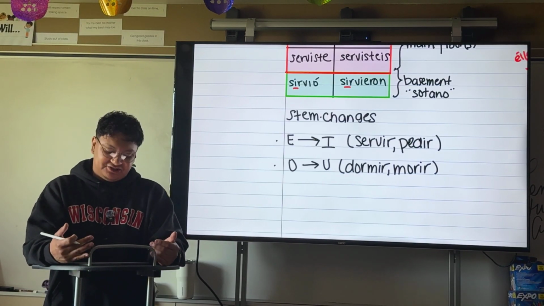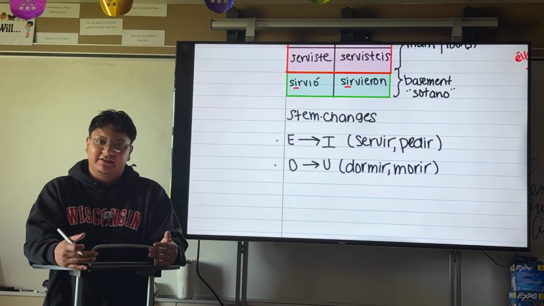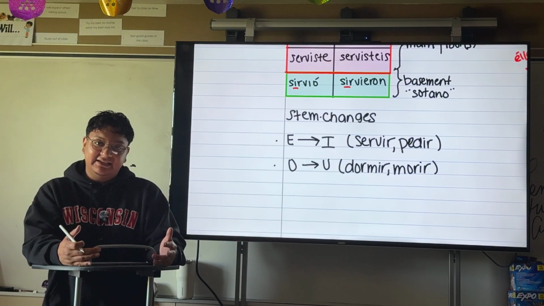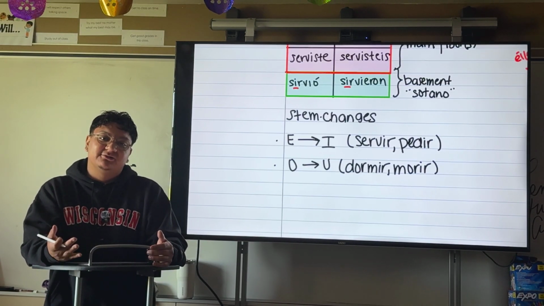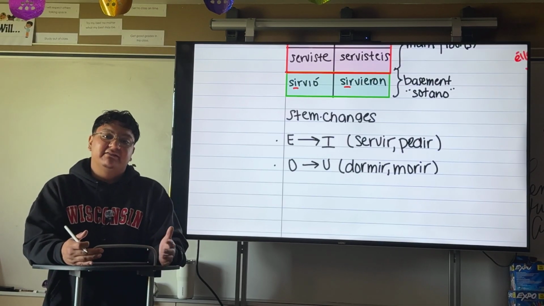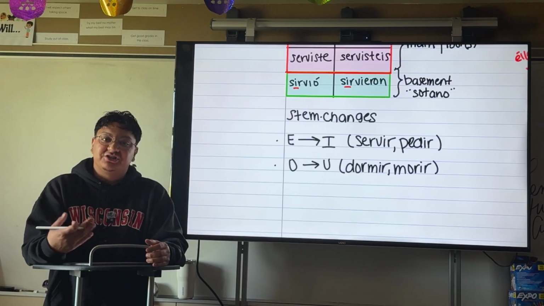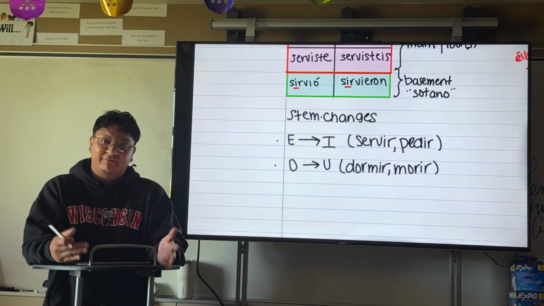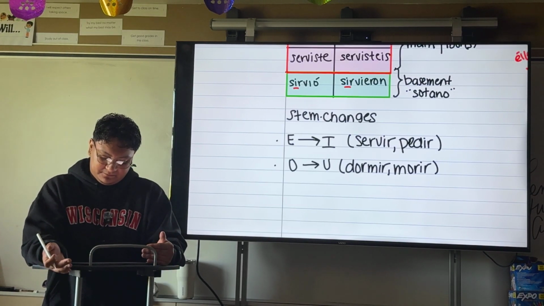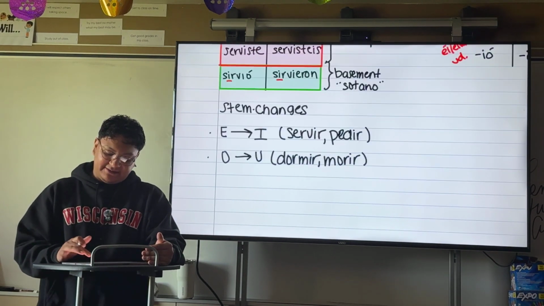So this is how stem changes work. If your stem has the letter E, it changes to an I. If the stem has the vowel O, it changes to U, like dormir or morir. So let's draw another table right next to this.